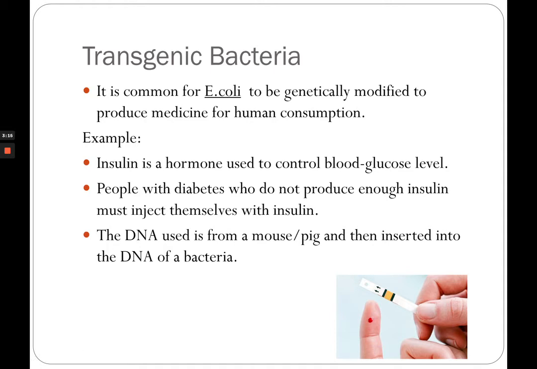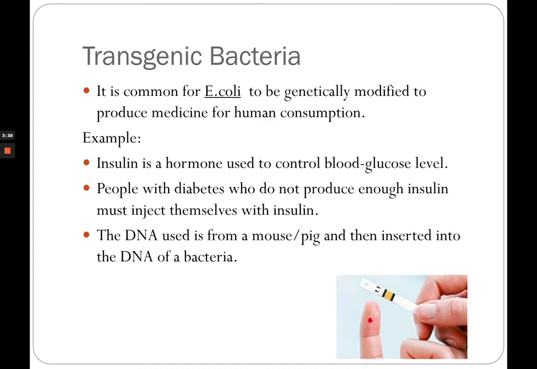They're actually not used from humans because we're not really allowed to tamper with human DNA like this, okay, to transfer human DNA from one organism to another. So instead, they use a different mammal. Since mice and pigs also produce insulin just like humans, we use their DNA instead of ours.